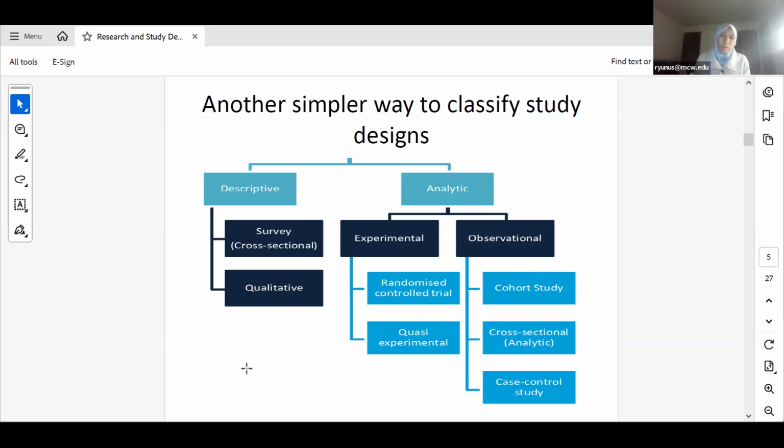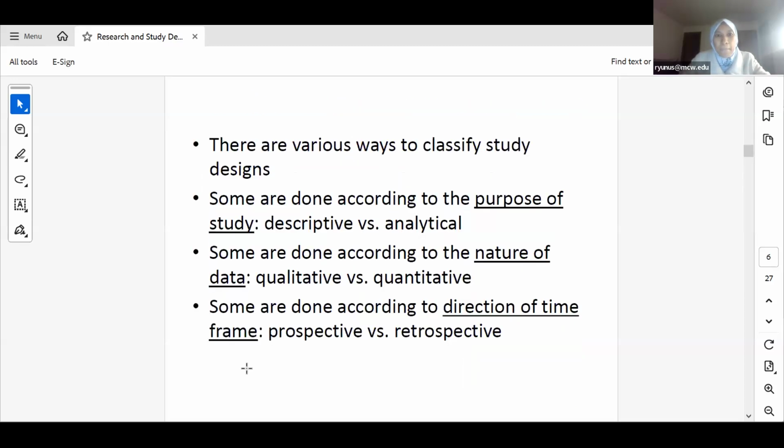Basically, you're trying to find out maybe the risk factors for something, or if a certain risk factor or cause would impact your outcome variable in a certain way. So in other words, you're trying to establish association or causation to some extent. And that is when you call a study analytic.